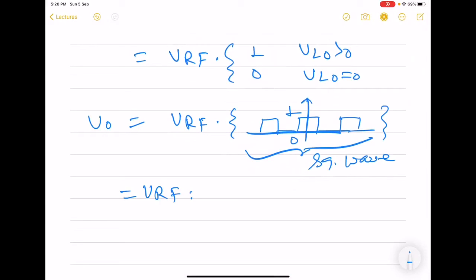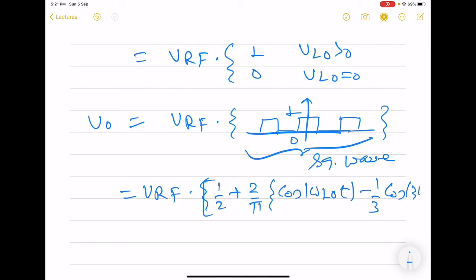So again, we are going to get same thing, that is 1 by 2 plus 2 by pi cos omega LO t minus 1 by 3 cos 3 omega LOT and so on and so forth.